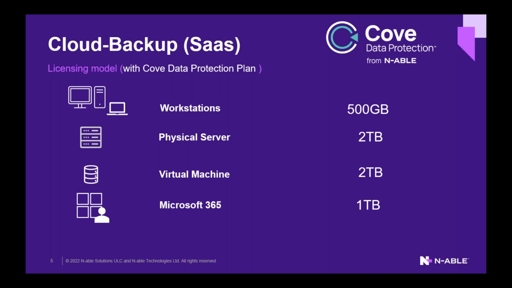In a section, Microsoft 365 accounts are not covered in the data protection plan. Basically, you will always have 1 terabyte, and any capacity that you need to include above those 2 terabytes, for example, in a physical server, there's an additional data overage that will need to be included, and it is measured per gigabyte.